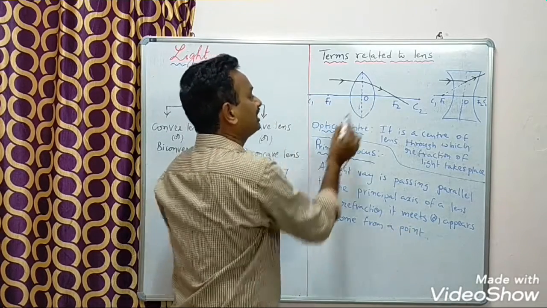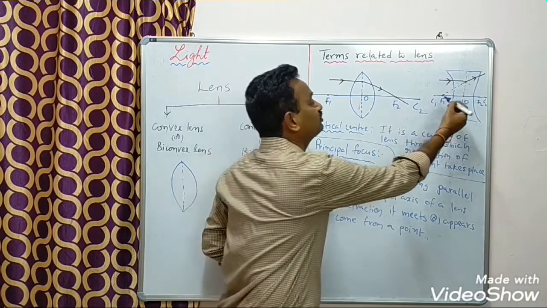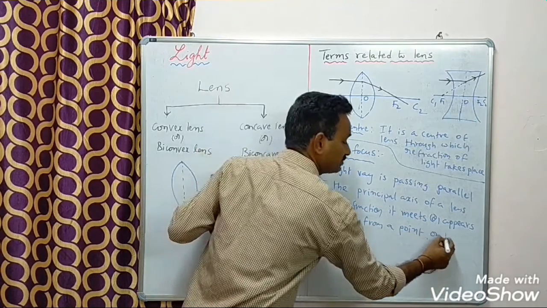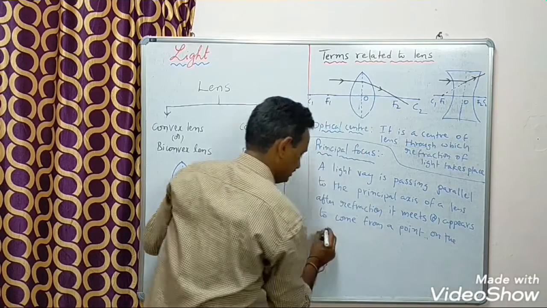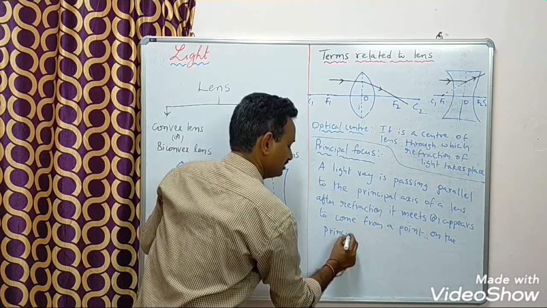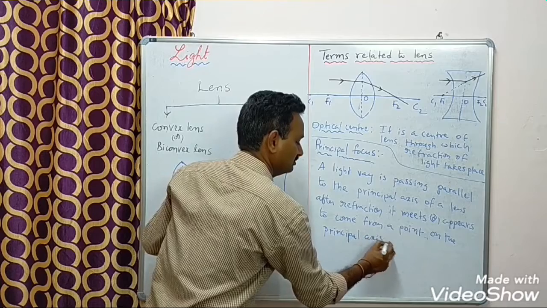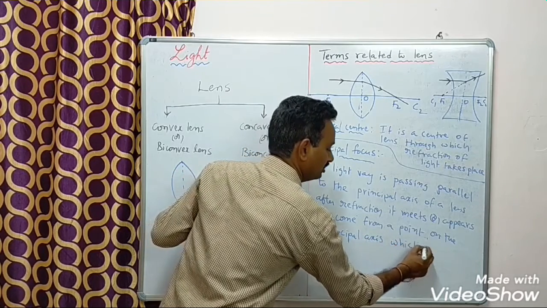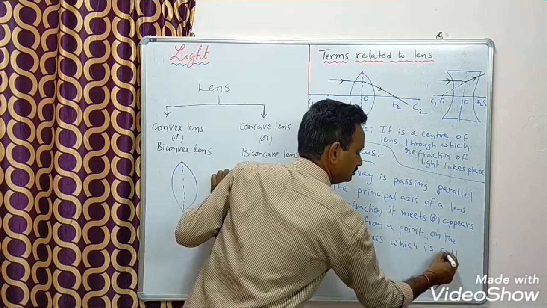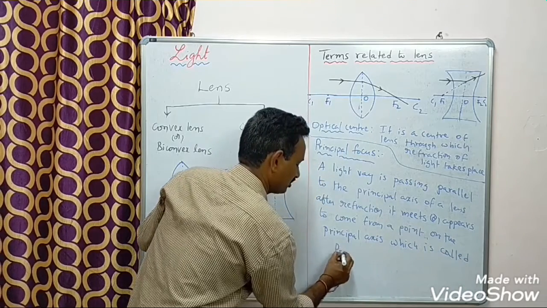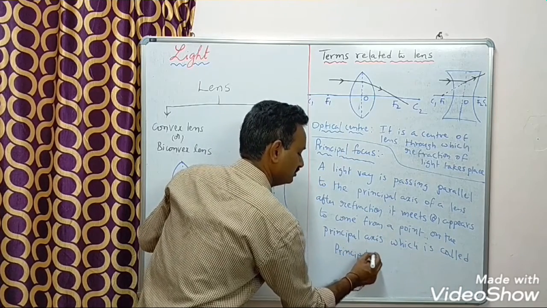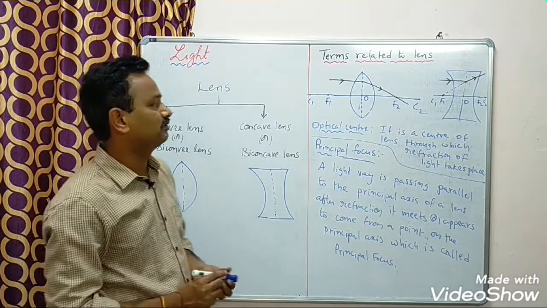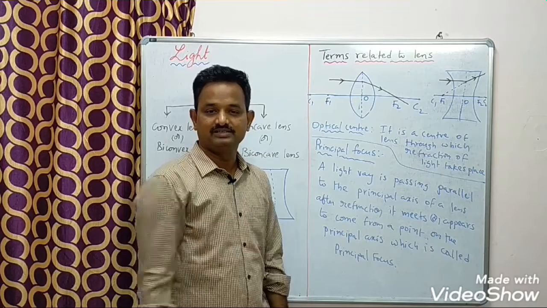See, after refraction it meets at a point or appears to come from a point on the principal axis, which is called principal focus. Okay, so that's about principal focus of lens.